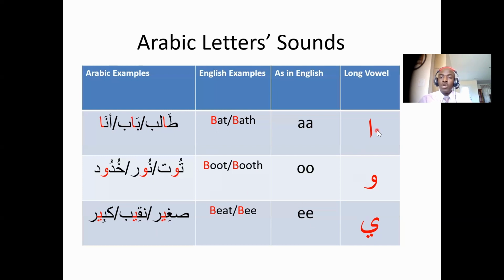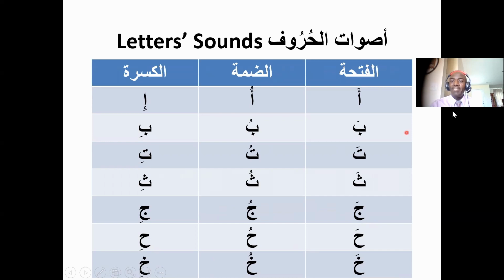We are going to talk about the long vowels in Arabic in the upcoming video, but today we are going to discover the sounds of the Arabic letters with the short vowels, and I mean only the three major short vowels in Arabic. The first one we call fatha, al-fatha.